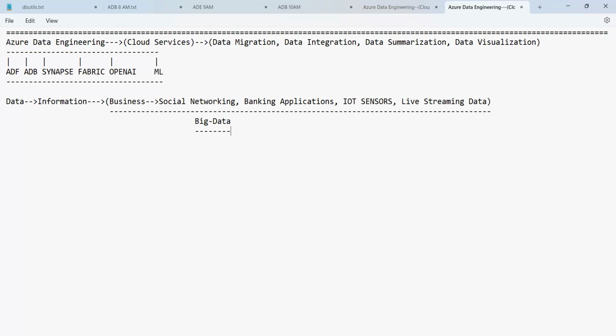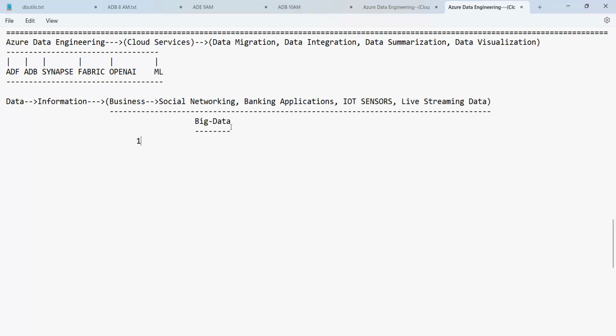Big data. So what do we mean by big data? Big means huge, data means information. So we can say huge information. And this is basically classified into the following categories.